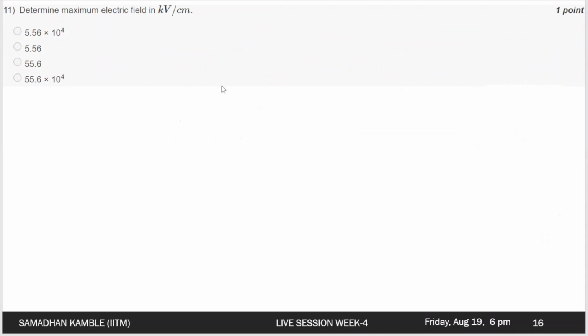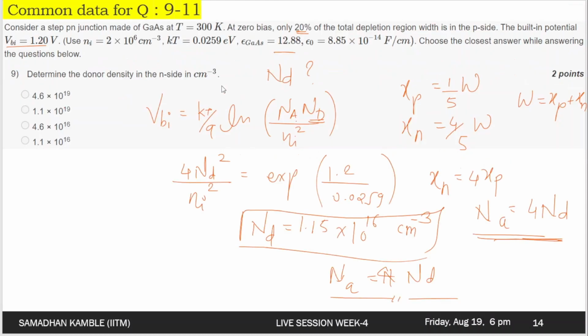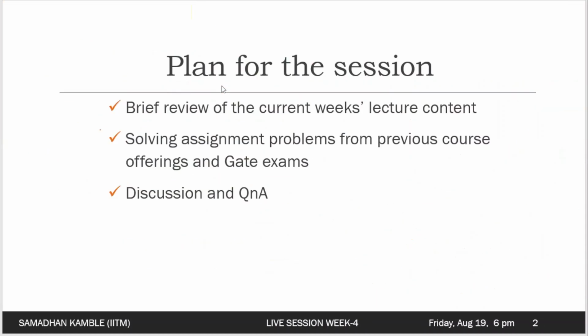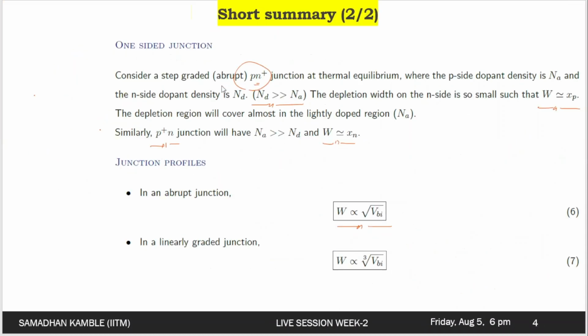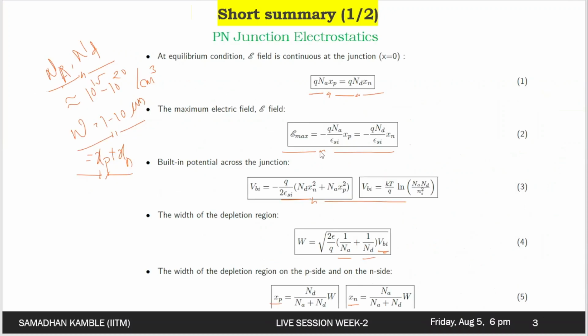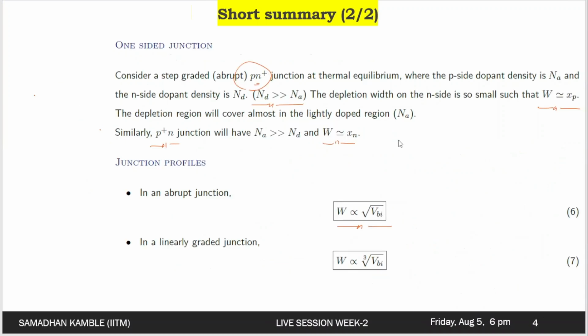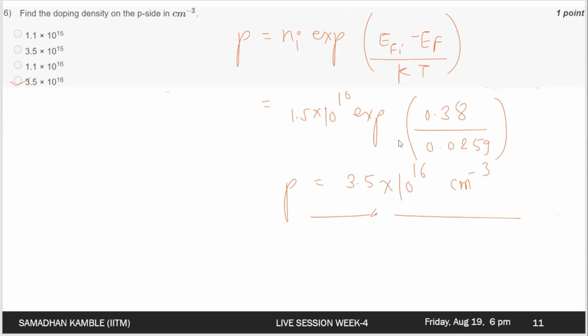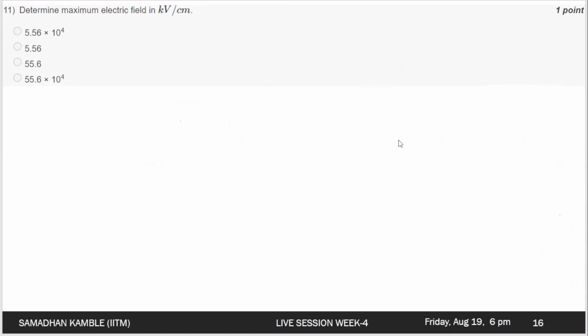Again, just recalling the formula from the recap slide, the maximum electric field which is generated at the middle of the junction is given as a function of the doping concentrations, the epsilon, and the width in that particular region. So we can use that relation here to find out the maximum electric field generated, that is E max.